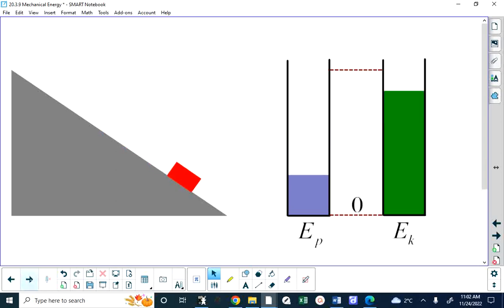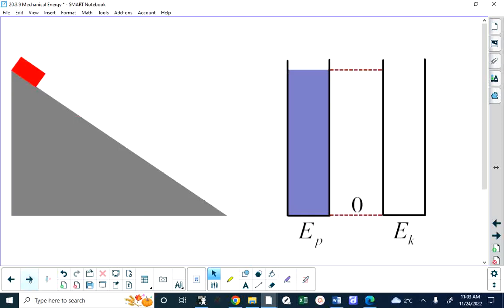And eventually, by the time you get to the bottom, look at the level of kinetic energy in the system at the bottom. And if I go back and look at the potential energy it had at the top, it's the same.